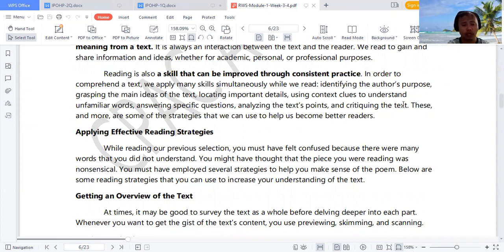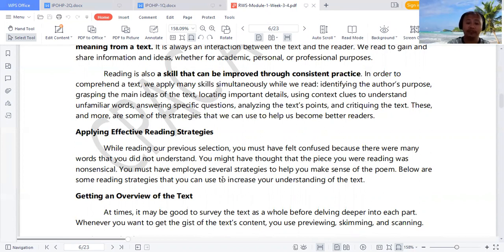These and more are some of the strategies that we can use to help us become better readers. Applying effective reading strategies.